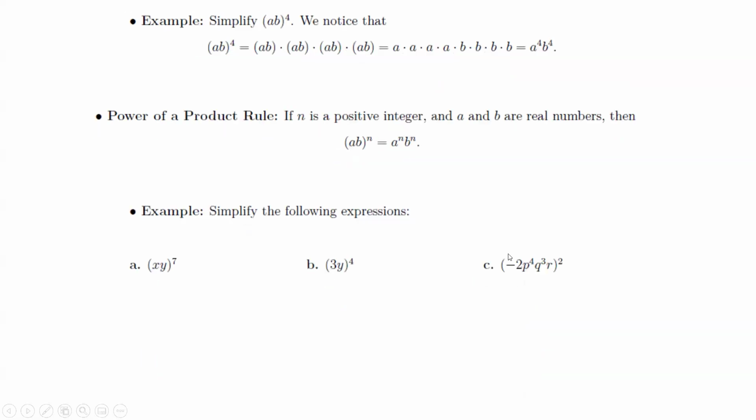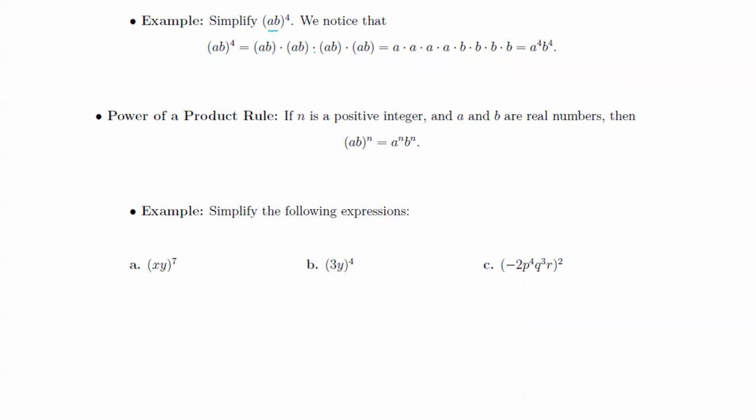Another rule that we can utilize. Suppose I take two different bases raised to the same power. So the two different bases are being multiplied and they're both being raised to the fourth. What you can do then is rewrite it as a times b times itself times itself times itself.